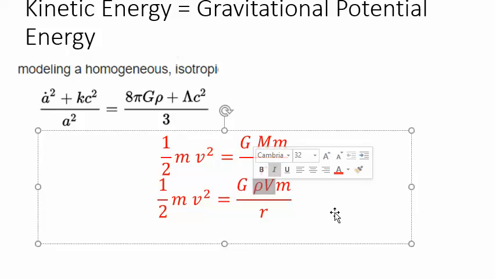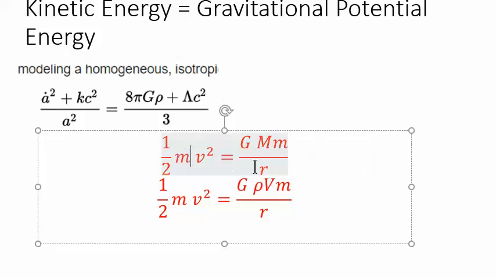And this is a big leap right here, because suddenly we've gone from no assumption about the universe to assuming that it has a spherical, well, we've made two assumptions. The first ridiculous assumption is that the kinetic energy of each particle is equal to the gravitational potential energy, and that is by no means anything that we should be taking a priori.